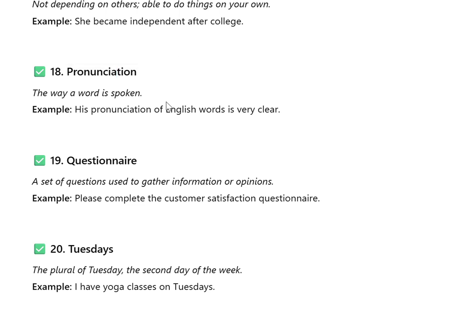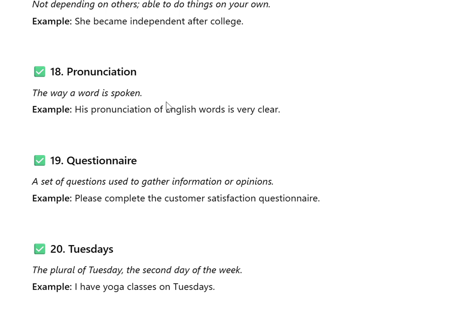The way a word is spoken. Pronunciation. Like, I'm speaking a word, questionnaire, right? The pronunciation, the way I'm pronouncing. For example, if I say questionnaire incorrectly, that's not correct, right?